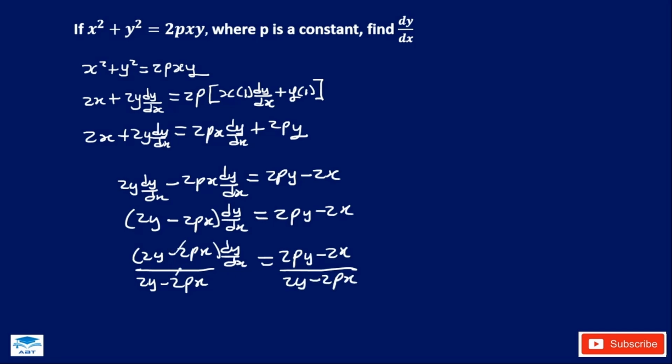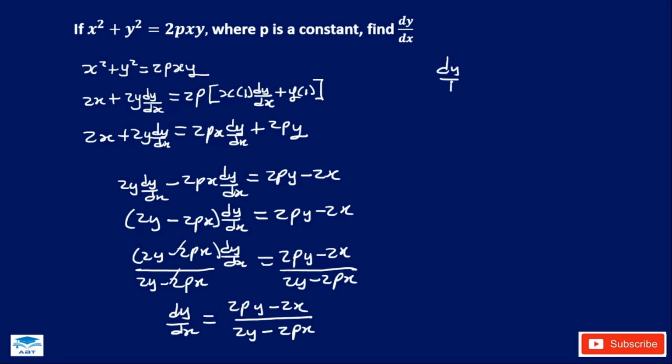So we cancel out here, and dy/dx is equal to 2py minus 2x over 2y minus 2px. We can factorize 2 out here.